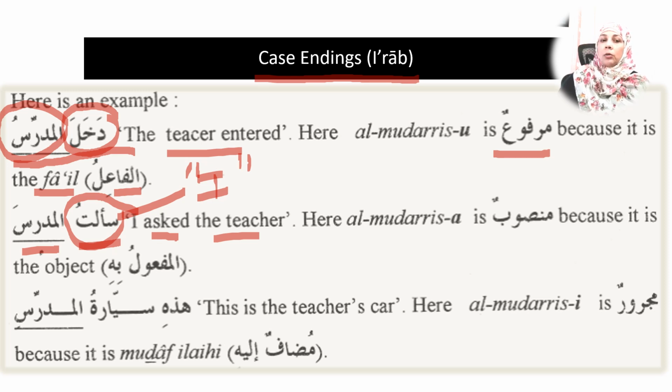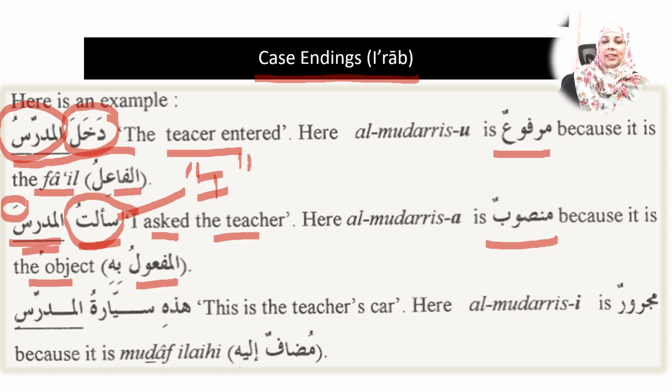But for now, it is enough to understand that sa'altu means I asked. So the subject I is within this verb. I asked the teacher. Al-mudarrisa is mansubun here because it is the object. It is al-maf'ulu bihi. That's why it ends with a fatha, denoting its function as an object of this verb, sa'altu.